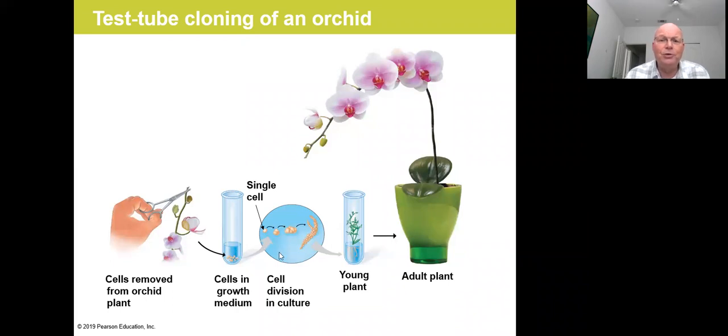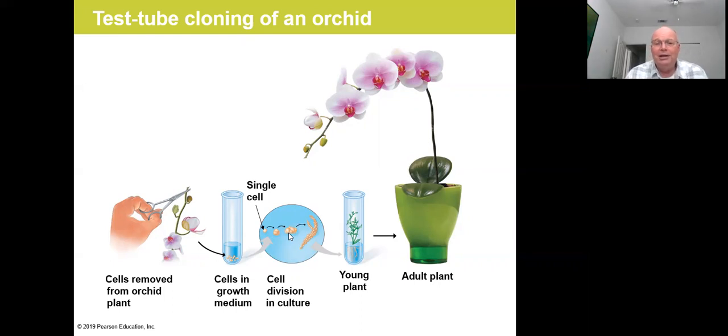Then you transfer them to a new medium and they start to re-differentiate again, and they develop into all the parts of a plant. They actually develop into a little plantlet, and you may get several plantlets. You may get 10 or 20 little plantlets, depending on the size of this mass of cells, the callus that develops from these unspecialized cells.